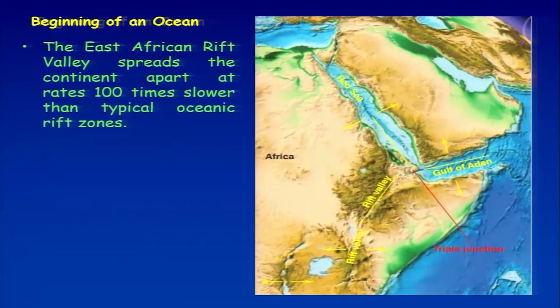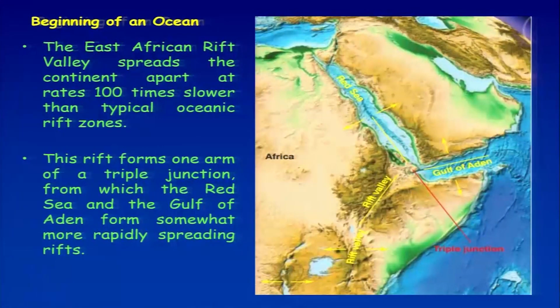Now another example I would like to add here is a triple junction, where three plates are moving away from one another. So we have three plates here and the area is termed a triple junction.